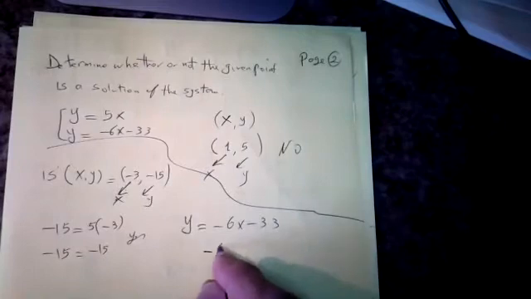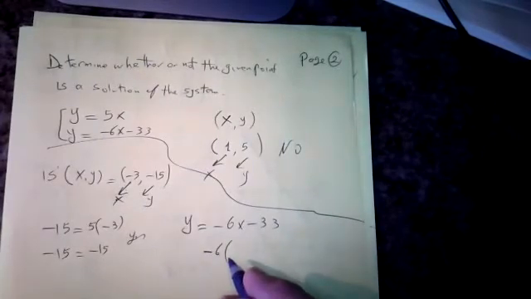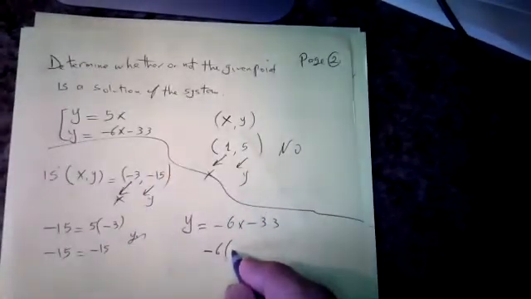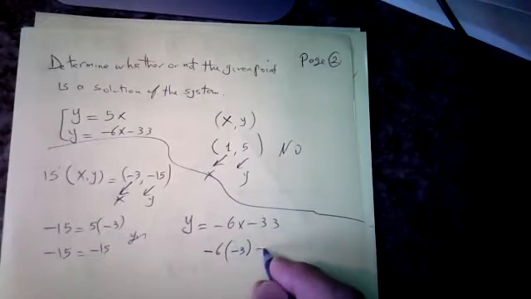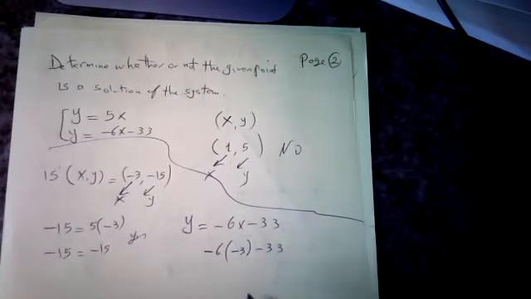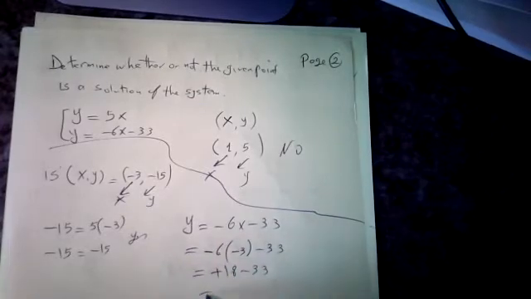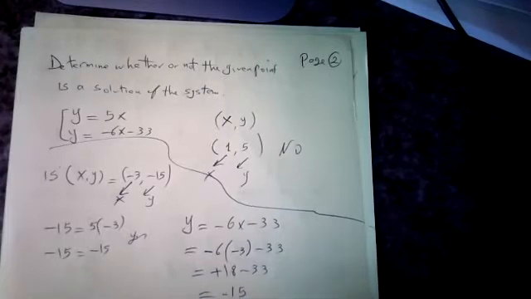So I'll put a -3 here. Positive 18 minus 33, which is -15.